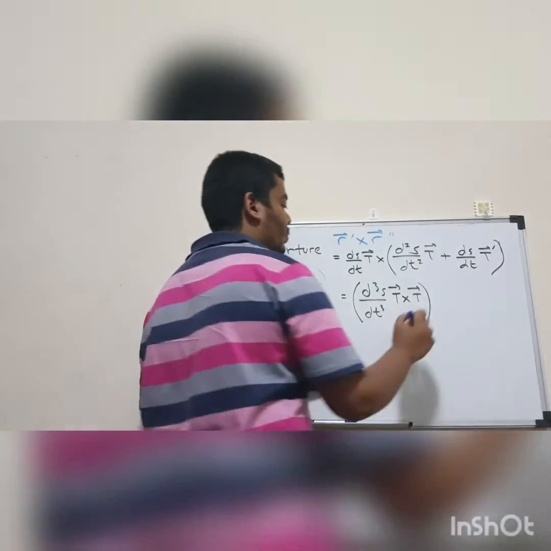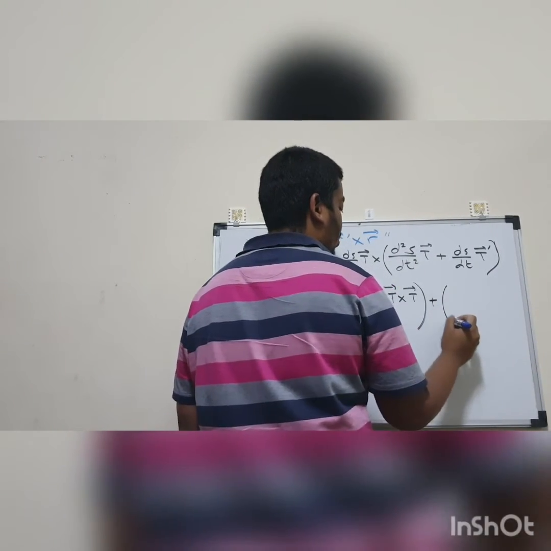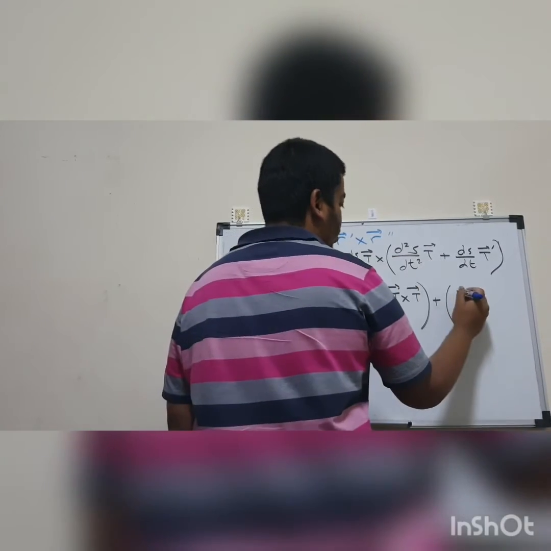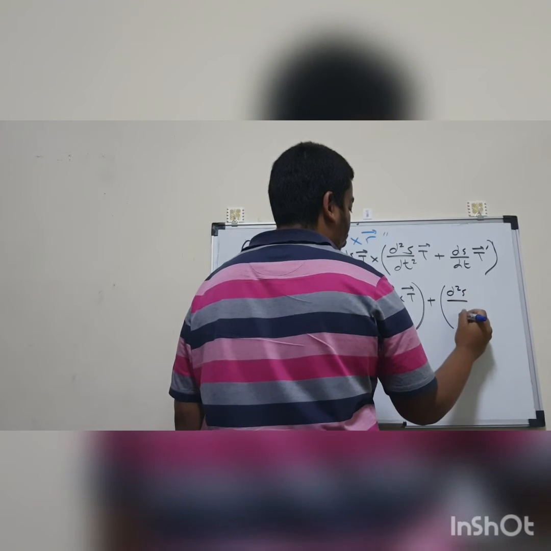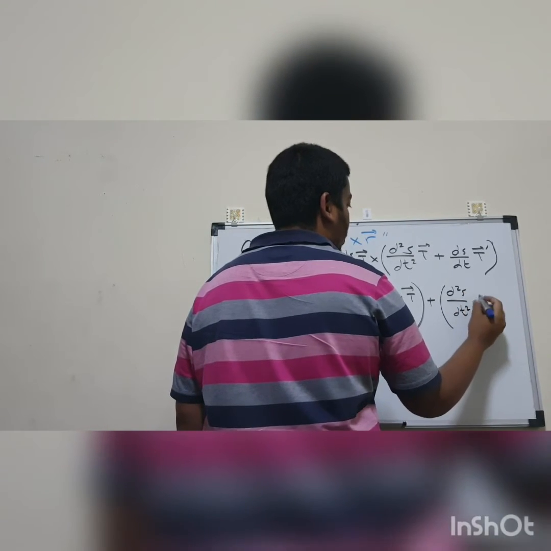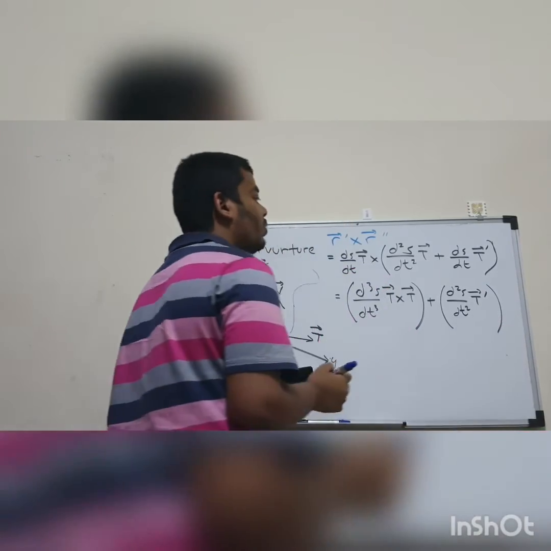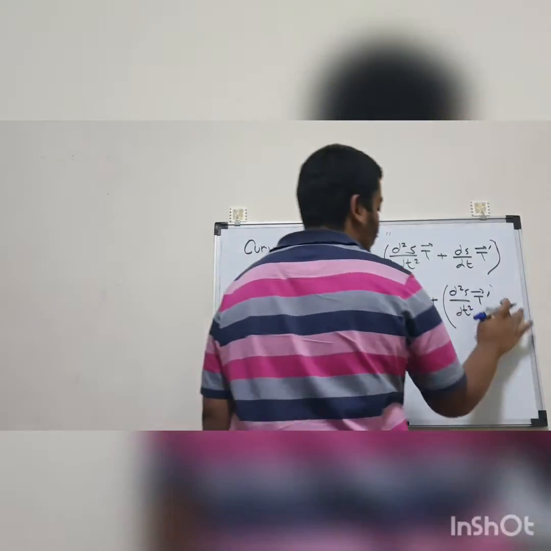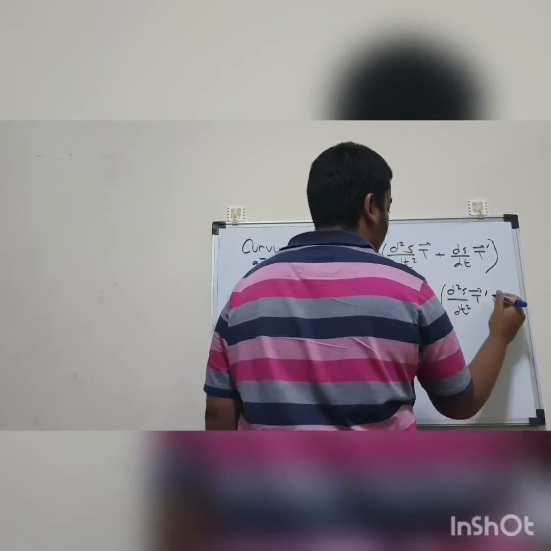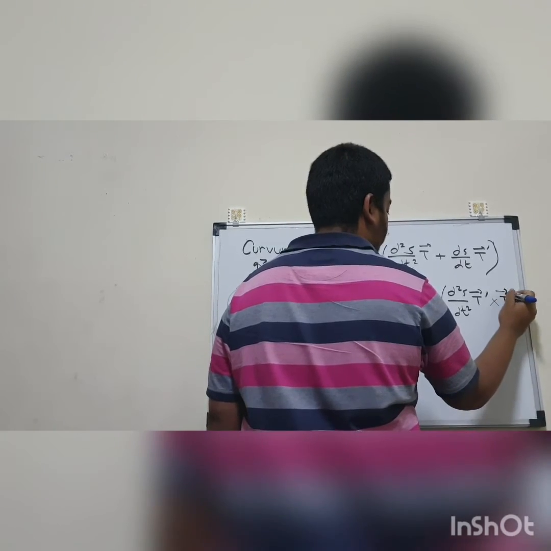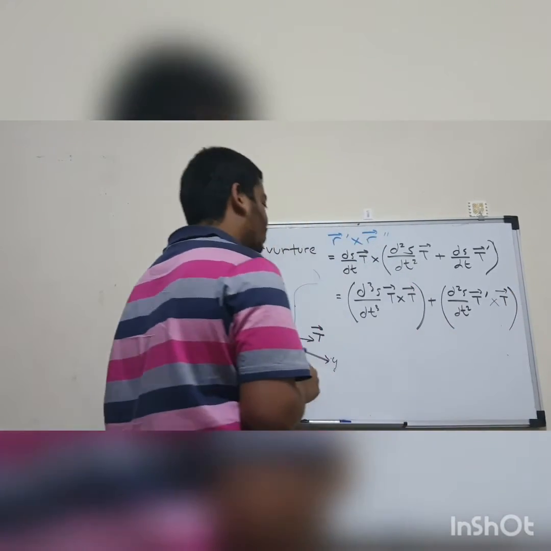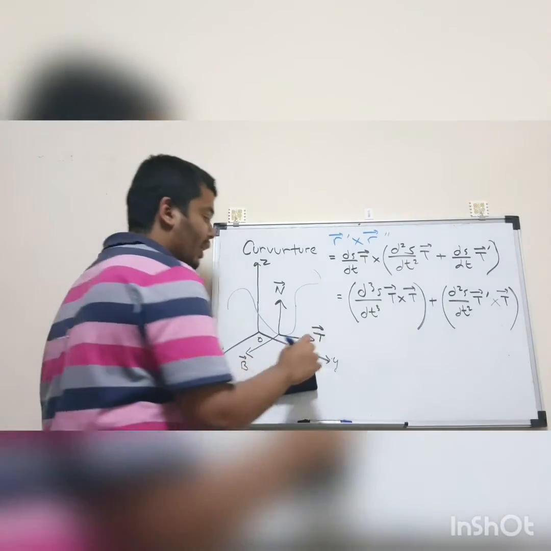And then we will have d square s over dt square into t cross its own prime. Perfect. So now guys, let's analyze this.